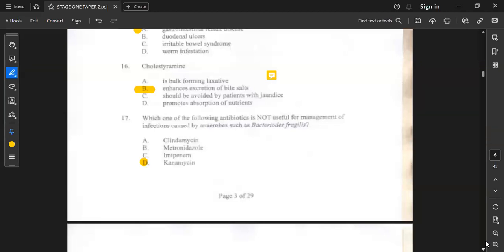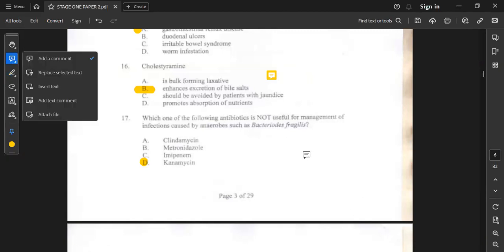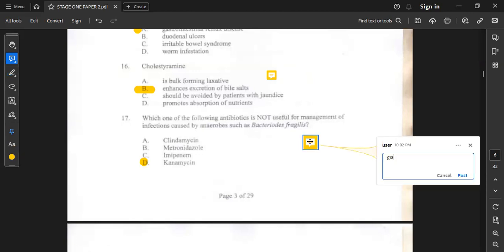Good night. Okay, just before we say good night, we can talk a bit about this bacteria. It's anaerobic, it's gram-negative. What are the diseases it causes?